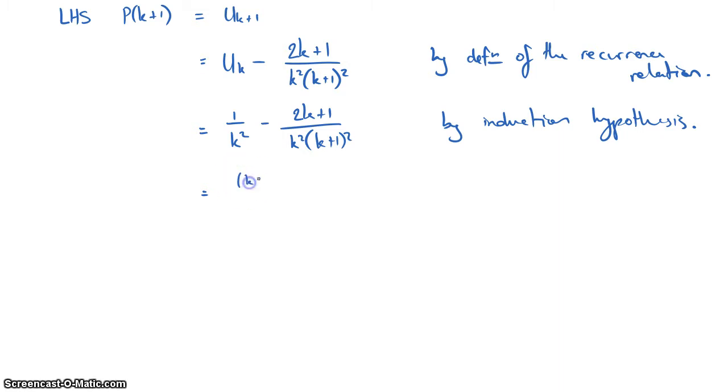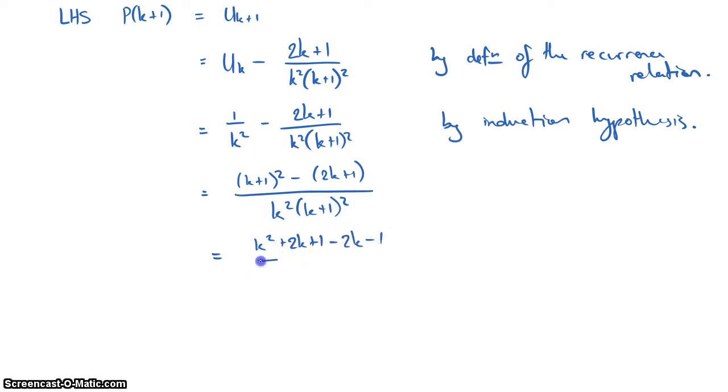So I'd get (k plus 1) squared minus (2k plus 1). Remember your brackets here, trap for young players, because too many people will write minus 2k plus 1. It's minus (2k plus 1), all in brackets, over k squared (k plus 1) squared. So what does that give me? Well, the top line will give me k squared plus 2k plus 1 minus 2k minus 1, over k squared (k plus 1) squared.